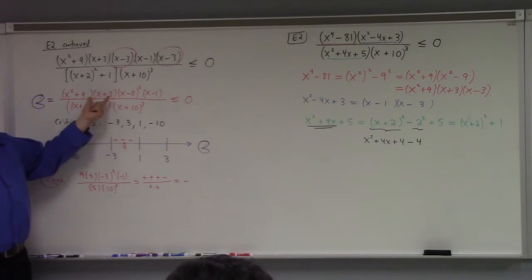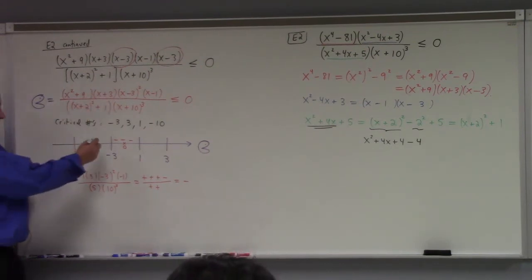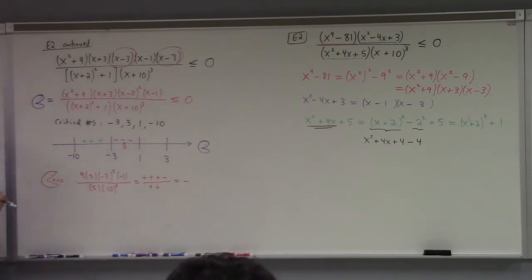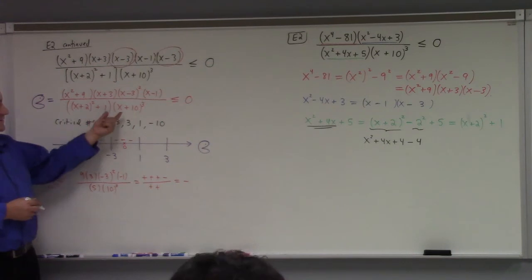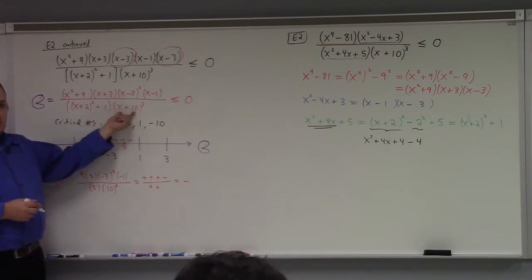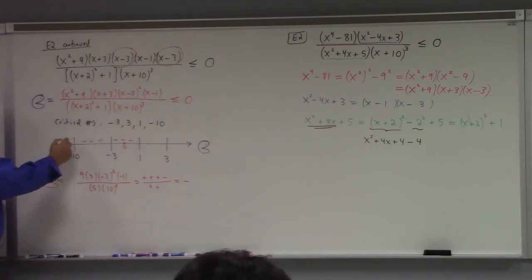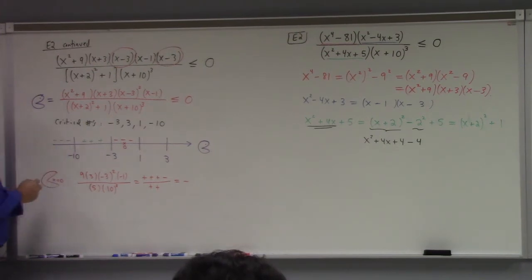That's odd, which means we flip the sign going from here to here. How about minus 10? Minus 10 is right here, again to the third power. That's odd. We flip the sign, so we go from minuses to pluses over here like that.